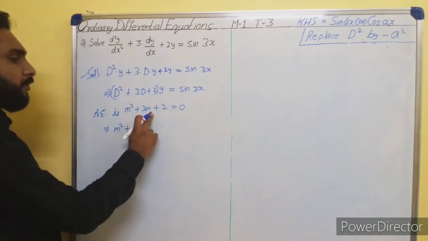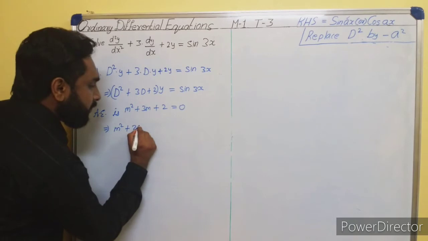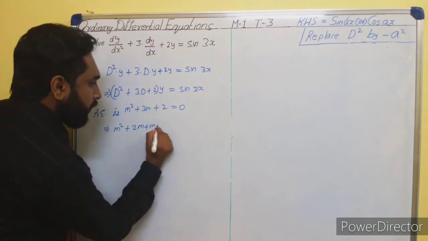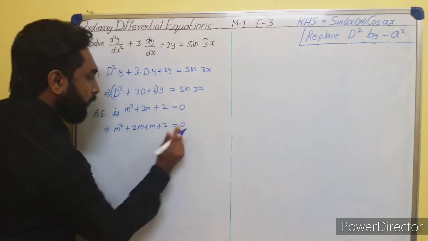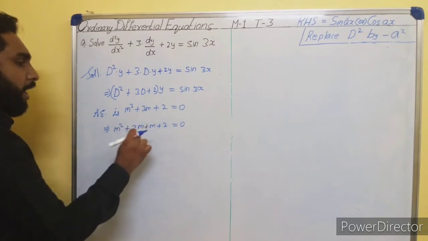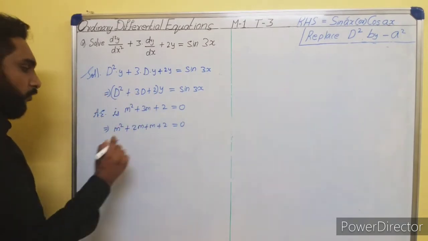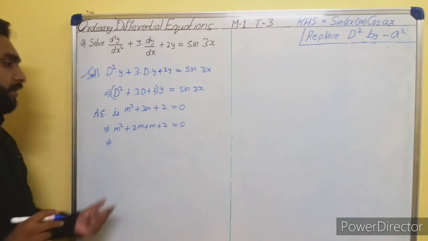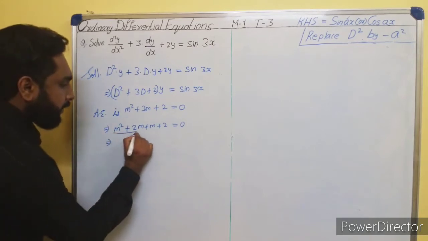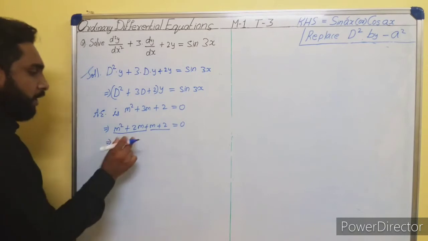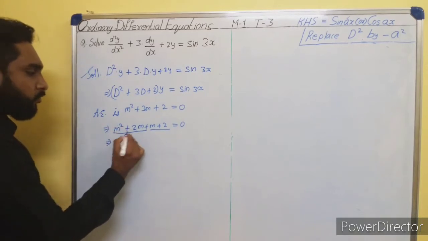3m we can split into 2m plus m plus 2 equal to 0, because 2m plus m gives 3m, and the multiplication of 2m plus m gives 2m square, so it's okay. So again, now take as a group, and from the first two terms we have m as common.